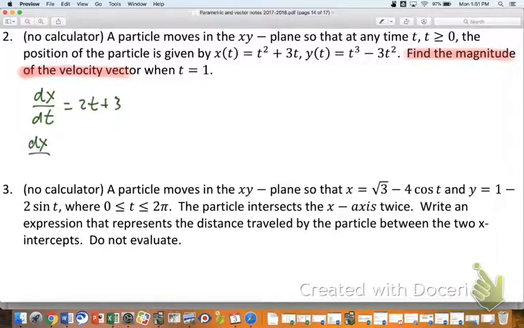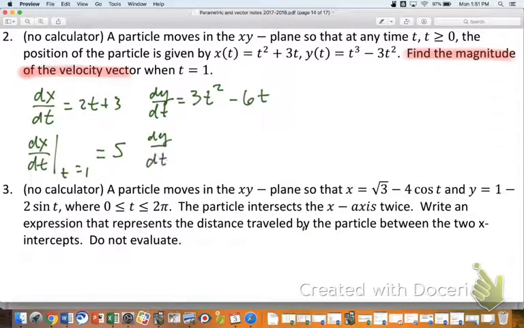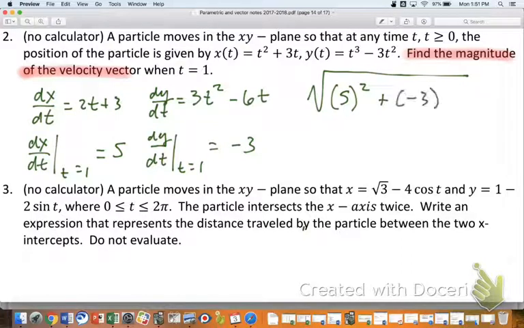So dx/dt at t equals 1 equals 5, right? And then dy/dt equals 3t squared minus 6t. So evaluated at 1, you get 3 minus 6, which is negative 3. Okay? And then what you're going to do is find the resultant of that. So we're going to go 5 squared plus negative 3 squared, and square root the result of that.